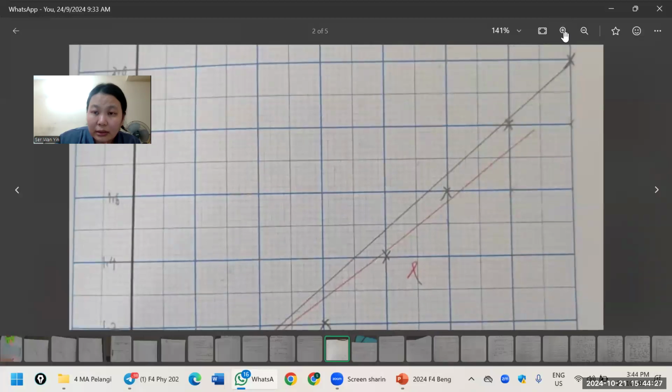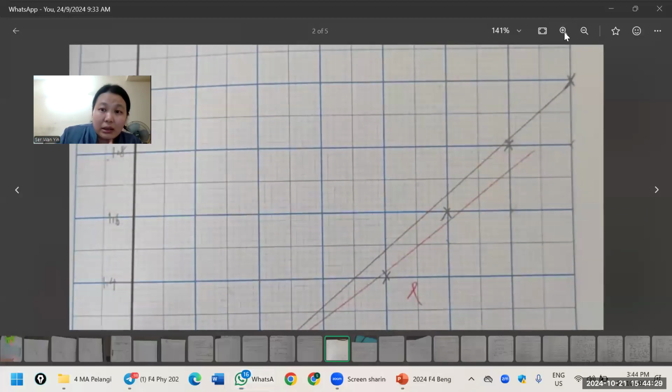How do we find the gradient? Okay, if we already draw the graph, let's say we follow this graph, this line. We don't use this point anymore. We follow the line. Like this one, not good. Can you see the grid is like a triangle?